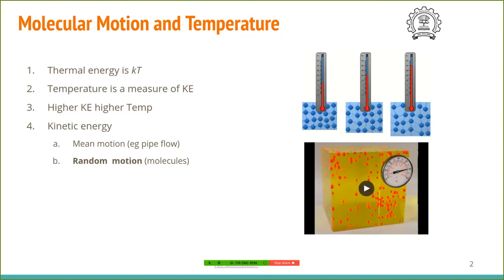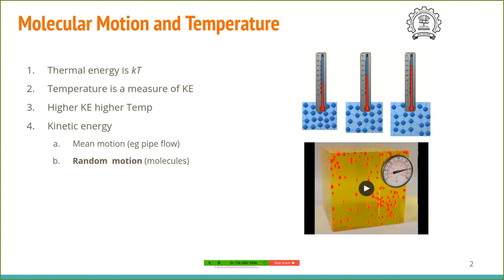Here you see a lower temperature, and when the kinetic energy of these molecules is higher, the temperature also increases. Importantly, keep in mind that this is not the kinetic energy of mean motion, such as in pipe flow, but the kinetic energy of random motion.